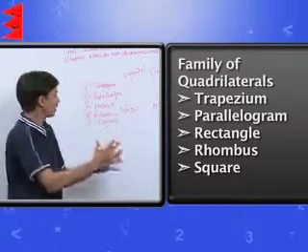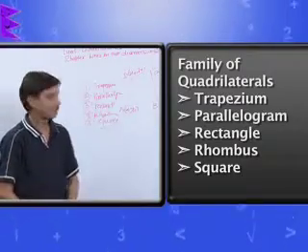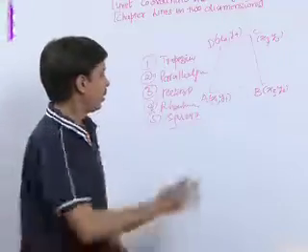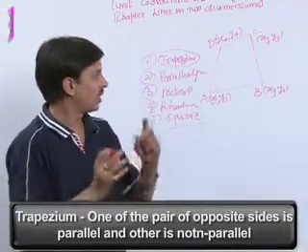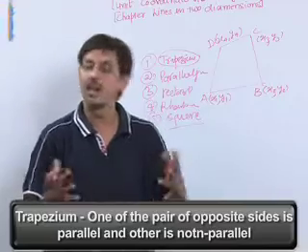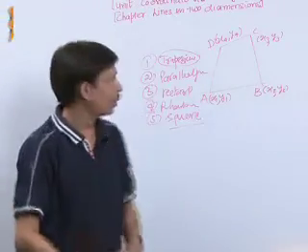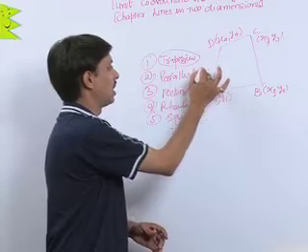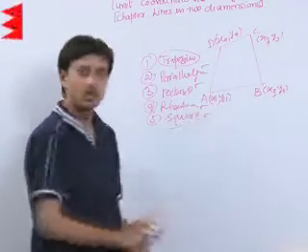So these are the certain types of quadrilaterals which can be asked. A trapezium is a quadrilateral whose one pair of opposite sides is parallel and the other is non-parallel. But the most commonly asked questions are parallelogram, trapezium, rhombus and square.